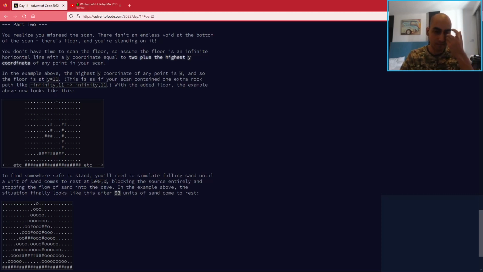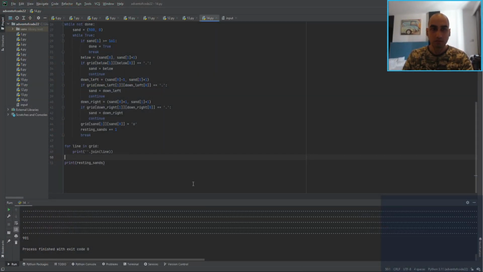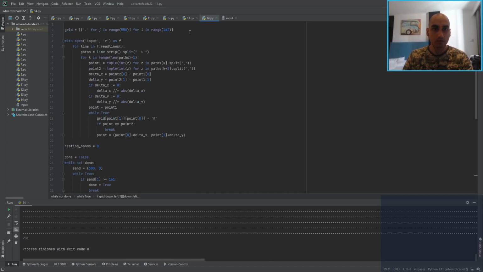Alright, let's just put that in while it's still in my memory before I read on. So the highest y value was 160. So they're saying 2 plus 160 is 162 is a horizontal line.